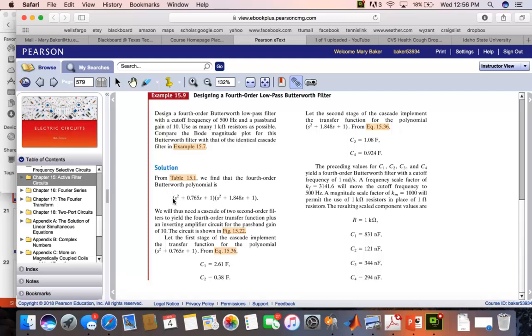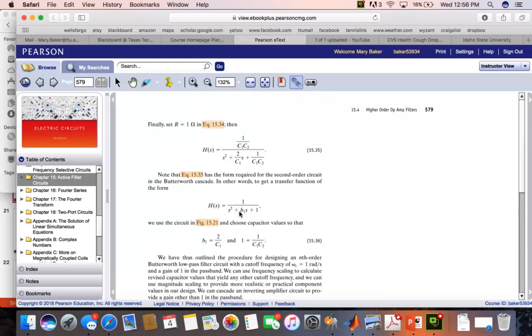So the first thing we do is we look up the Butterworth polynomials for a fourth order filter, and we see that we're going to need to cascade 2 second order filters together. And then we look and we see that the middle term here is 0.765. So if we come back up to this equation, that's basically b1.